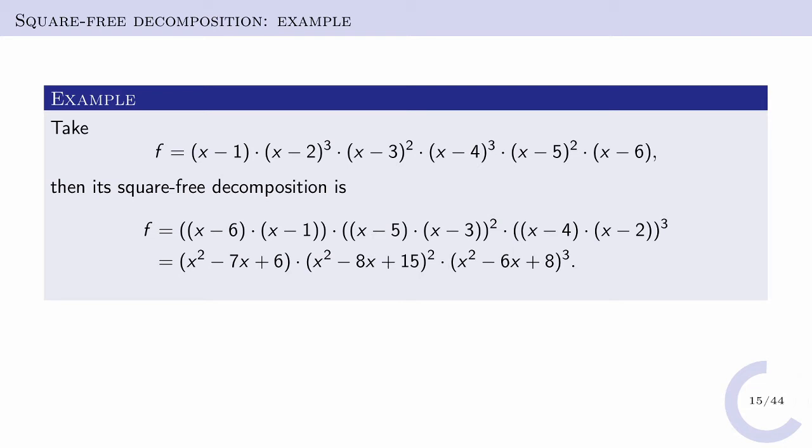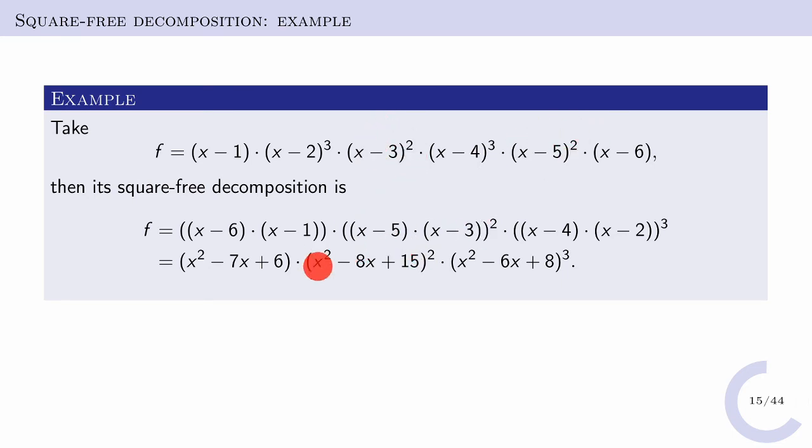So let's see what it really is. If somehow we know the factorization, usually we do not know, and we will see examples of how it works when we do not know the factorization. But if we know the factorization, we gather this element because it has exponent 1, and this element, it has exponent 1. So this is our G1. Now we gather this guy and this guy, they have exponent 2.